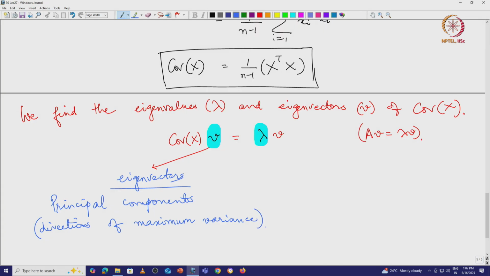Right. So, these eigenvectors are the principal components, but how do you find out which one is the first principal component, which one is the second principal component, which one is the third principal component, and so on and so forth? That is done through the eigenvalues.